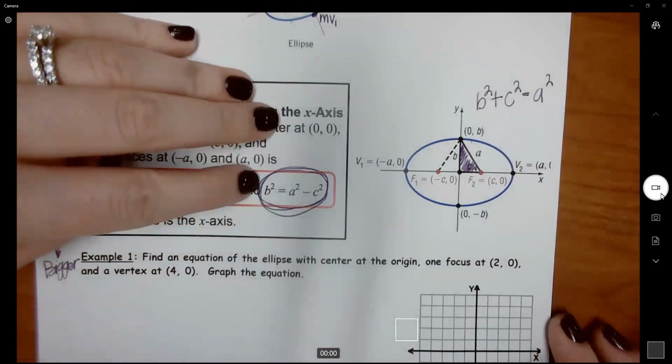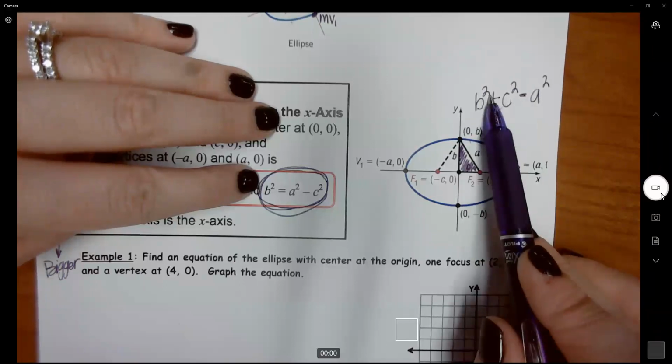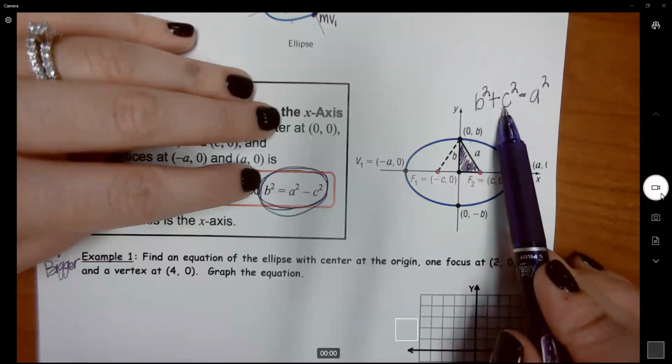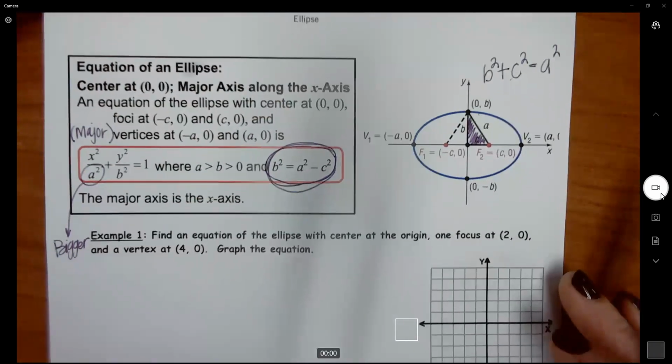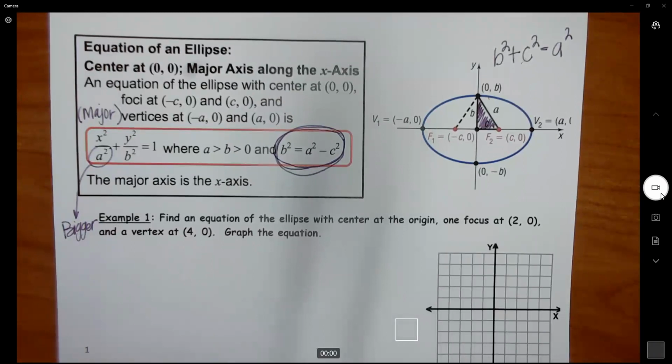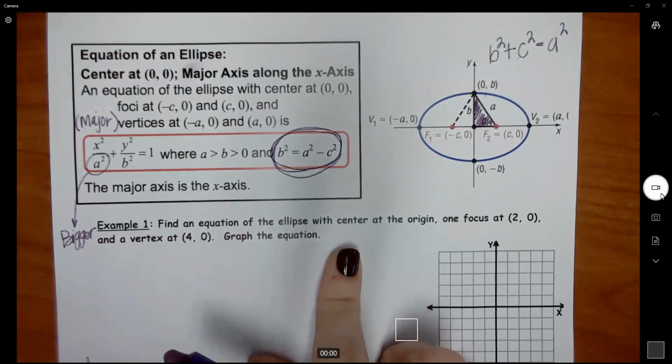And so to solve this for b, all they did was subtract the c squared over. So they got b squared equals a squared minus c squared. So that's where that formula comes from. Okay, I know everything I just said probably none of it really made sense, but hopefully it will by the time we are done with this example.